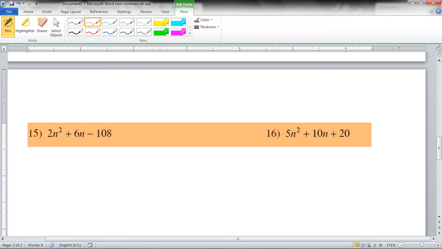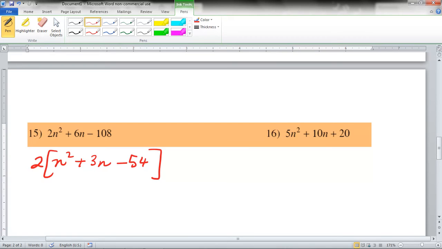So the first thing you do before you start is see if there is anything you can factor out from all these terms, because that would make life easier. You see, 2 is common to all of them, so you can factor out a 2 like this. And then inside you would have n squared plus 3n minus 54, right? Correct? Plus 3 minus 54.